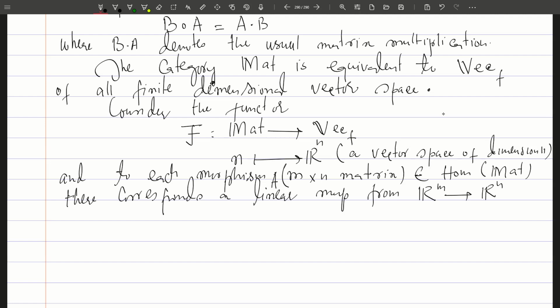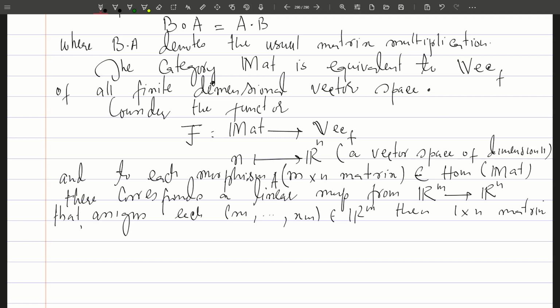So this linear map assigns to each m tuple, say x1 up to xm, which is in Rm, a 1 cross n matrix.